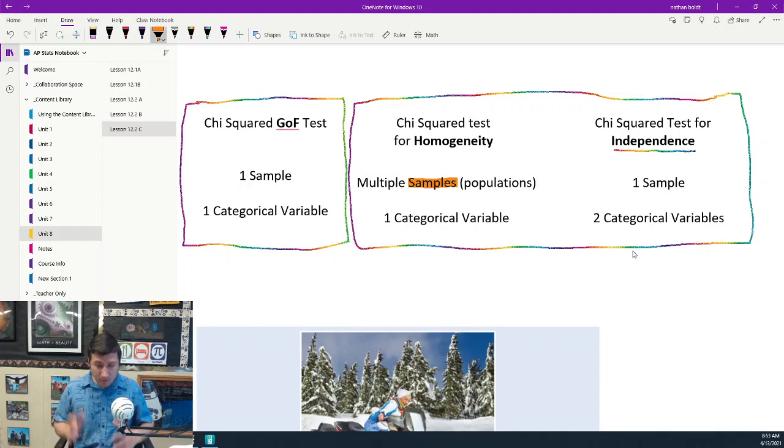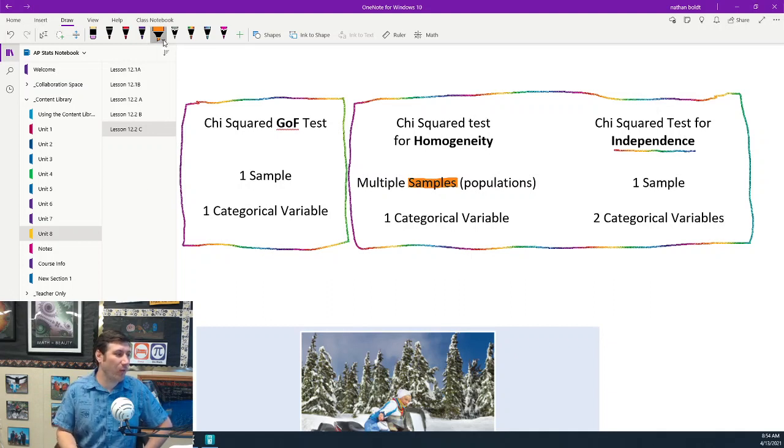If you have multiple populations and you want to see, hey, are these populations the same with respect to a variable? Is this variable distributed the same in both? Well, that's a test for homogeneity. Are these populations the same or different?